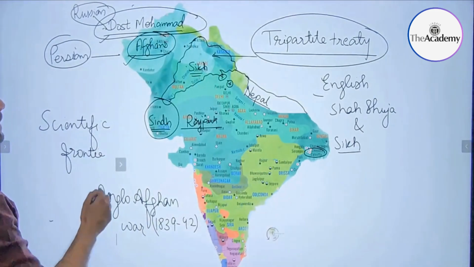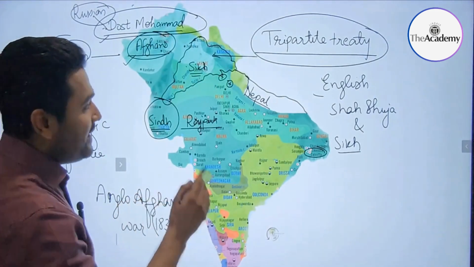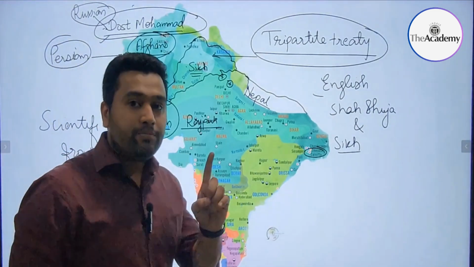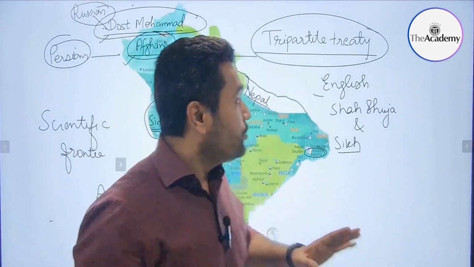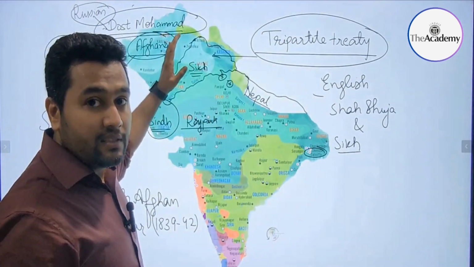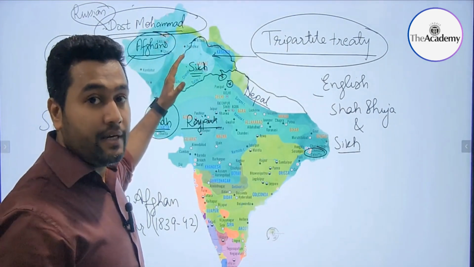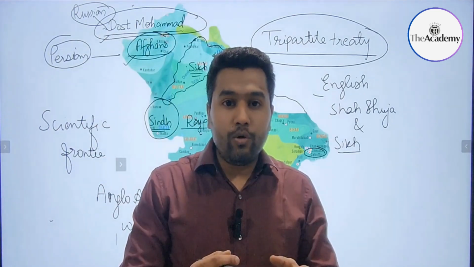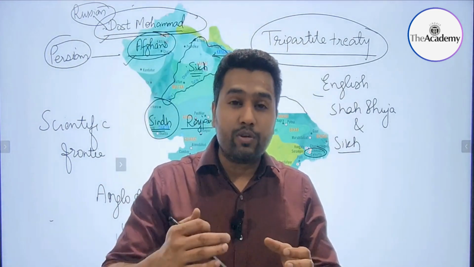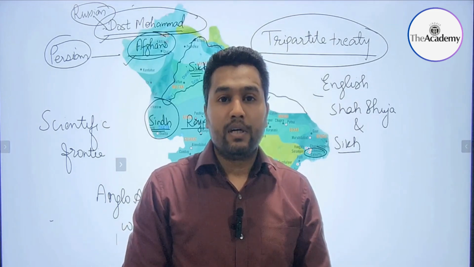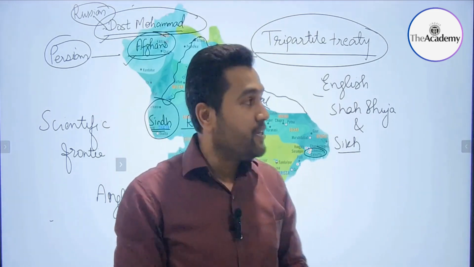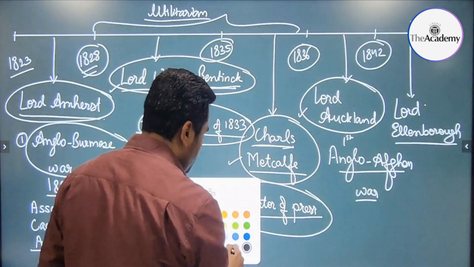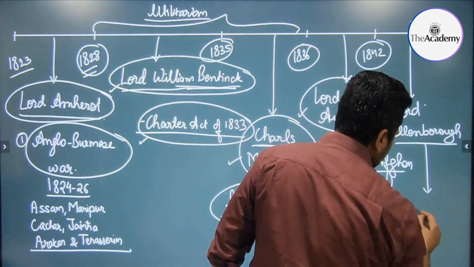Therefore, in 1842, when Lord Ellenborough became the governor, one of his prime objectives was again to safeguard the scientific frontier, and also to restore British prestige. And this restoring of British prestige was done during the time period of Ellenborough by annexing Sindh.